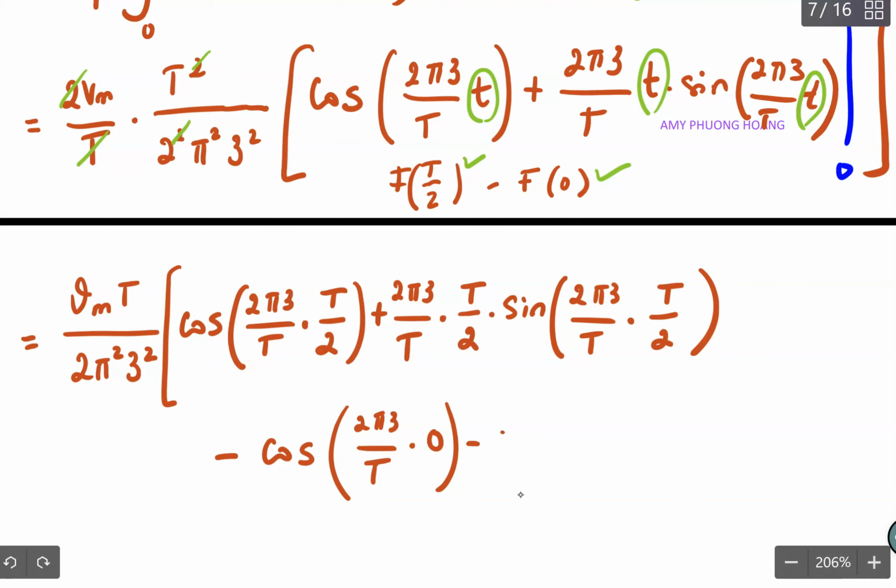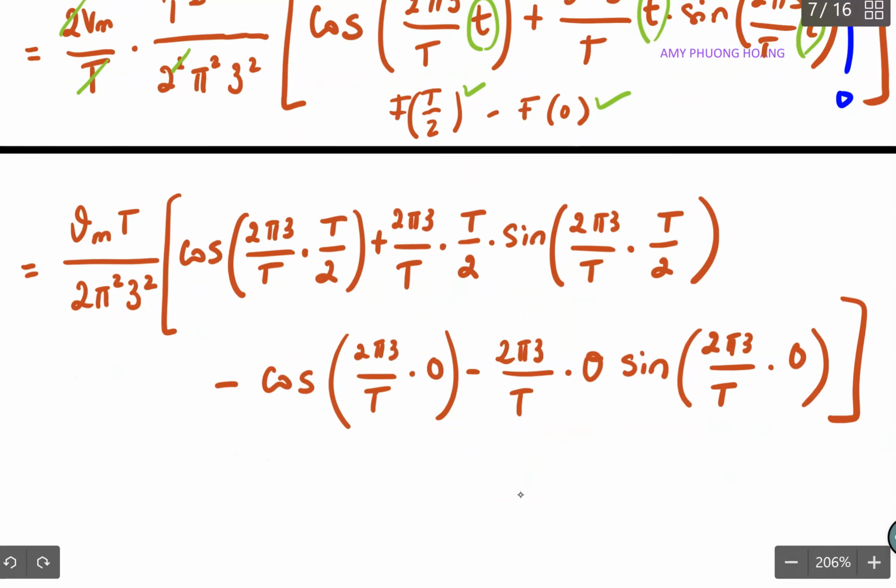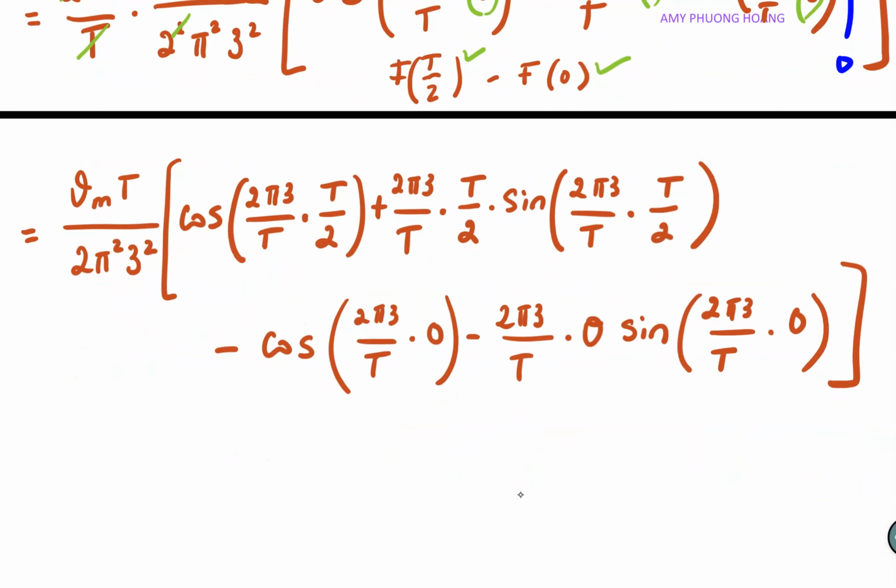And I will have 2 pi 3 over T times 0 now, and then I multiply that with sine of 2 pi 3 over T, and this time t is 0, so close the bracket. Now you see what we are going to get.